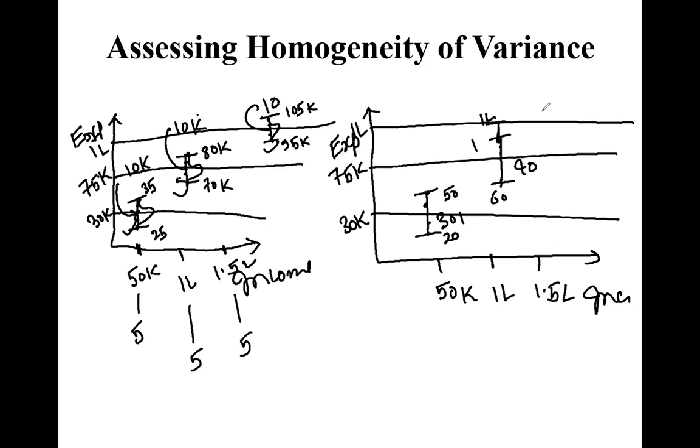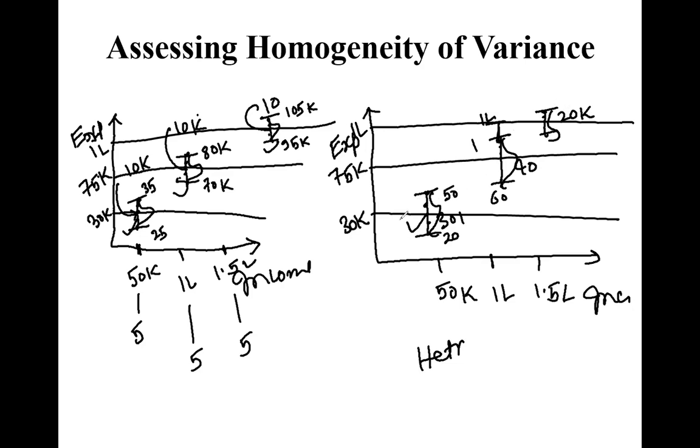One family's expenditure is 1 lakh 10,000, 1 lakh 5,000, 1 lakh and 90,000. Here the range is 20,000. So this data is heterogeneous. Why is this data heterogeneous? Because the range is not constant across the groups. The range is different.